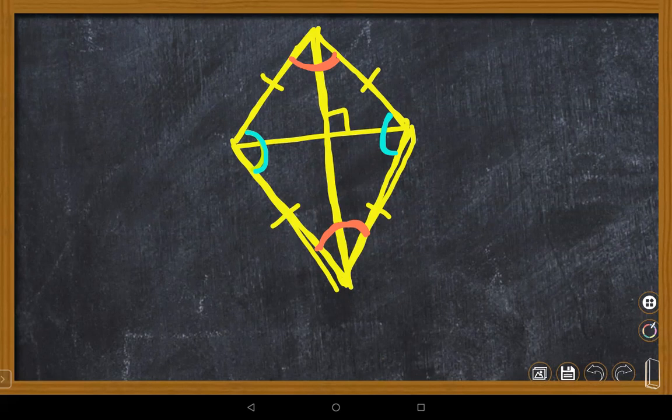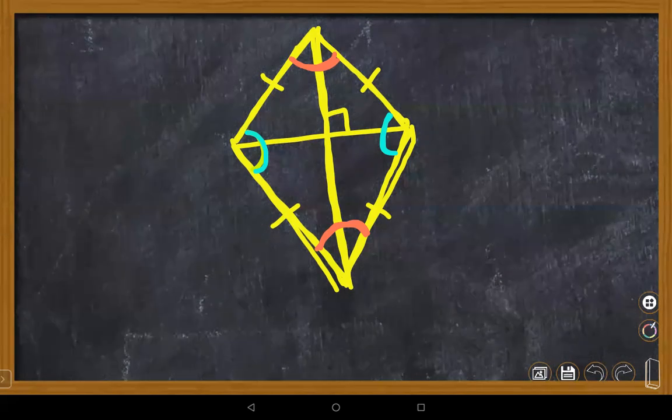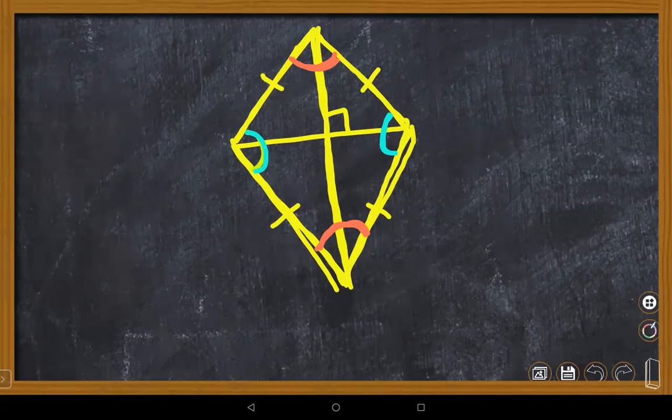Same as a square, opposite sides are parallel to each other. Diagonals are perpendicular to each other and bisect each other, and opposite angles are equal. Exactly. That's enough to remember. Diagonals bisect each other at right angles. Opposite angles are equal. Opposite sides are equal and parallel.